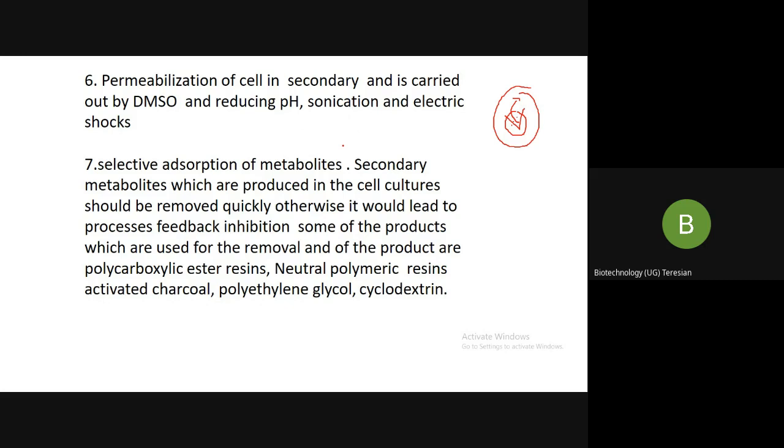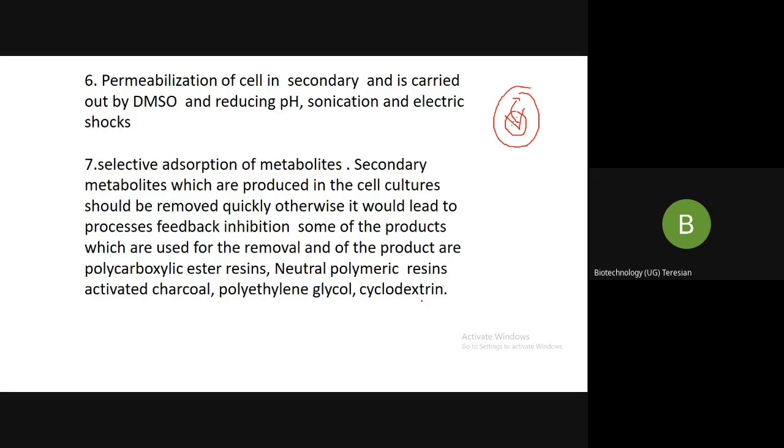So it is very important to develop a separation technique that can concentrate your desired product. Some of the materials used for removal and to concentrate your secondary metabolites are polycarboxylic esters, resins, neutral polymeric resins, activated charcoal, polyethylene glycol, and cyclodextrin.